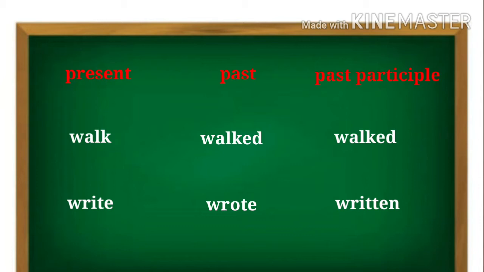So, in these two examples, you can see in the first row that the verb is in present tense. And in second, you can see it is in past tense. And in the third form, which tense it is, we don't know, right? Yes. So, what is a participle then?